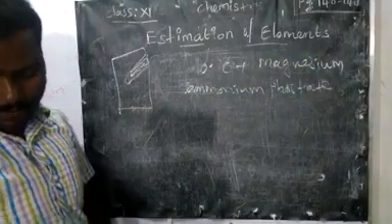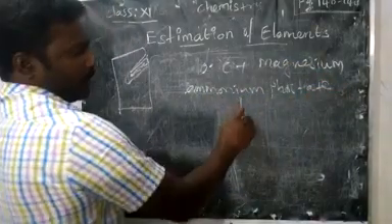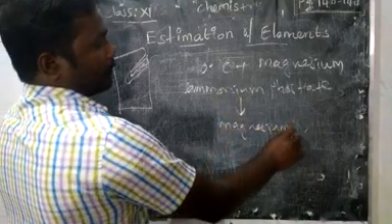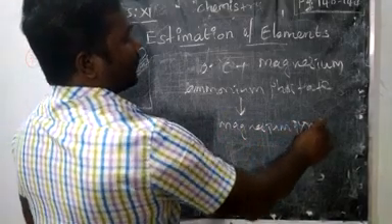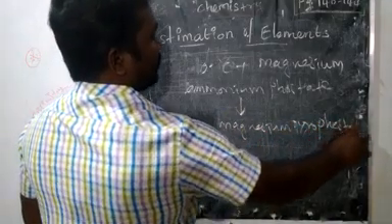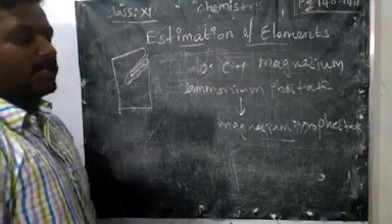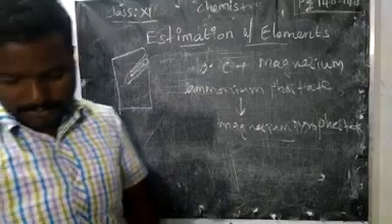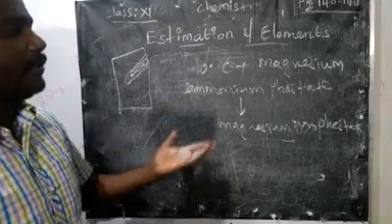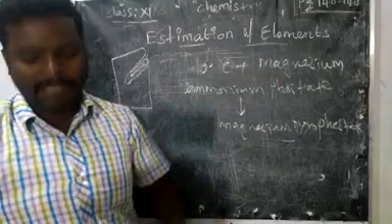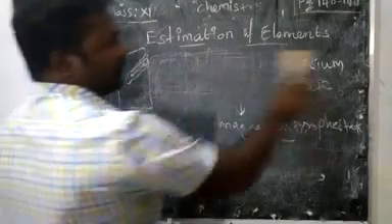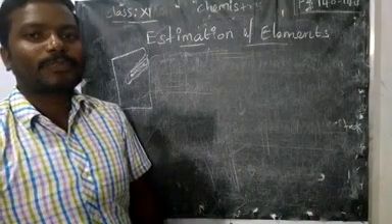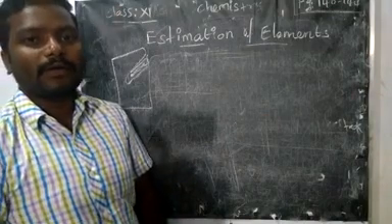It will give some magnesium pyrophosphate. By knowing this mass of magnesium pyrophosphate, we can find the mass of phosphorus. We are using two methods for phosphorus. Both methods, we are going to use two different formulas. For the first method we will get ammonium phosphomolybdate. Second method, magnesium pyrophosphate.